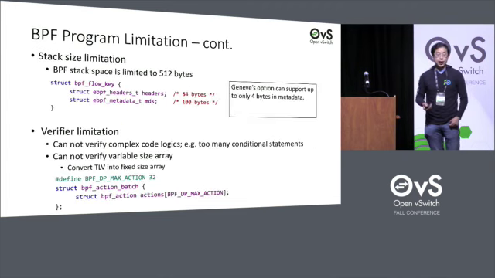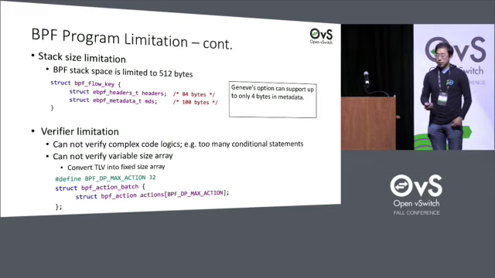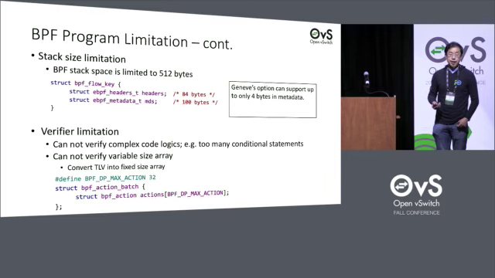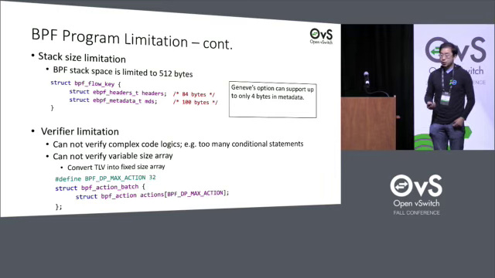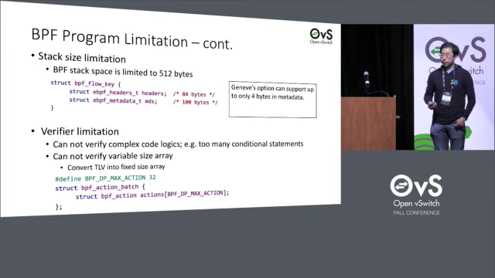Another limitation is the stack size limitation. The BPF stack size is only 512 bytes. To do the operation, we have to put a lot of data structures on the stack. One of the important data structures is the BPF flow key, which is used to look up the flow by BPF.